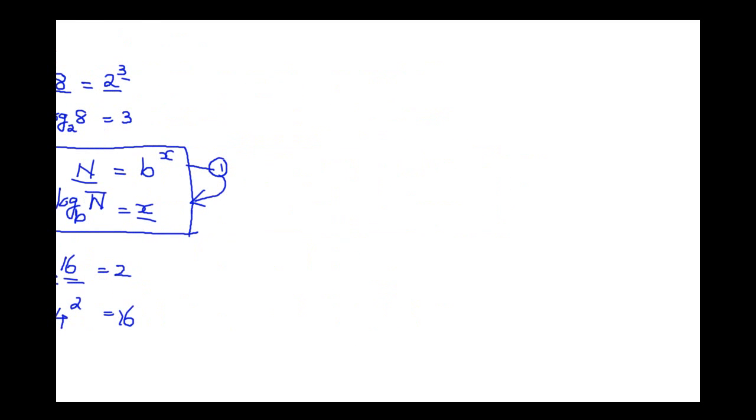Okay, now let's take another example. Let's take the number 81. Now 81 can be written in many ways. Let's say I write 81 as 9 square. In that case, I take log 81 to the base 9, I get 2, as per the fundamental definition.